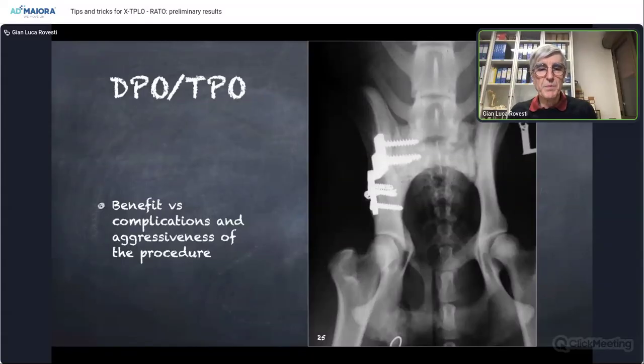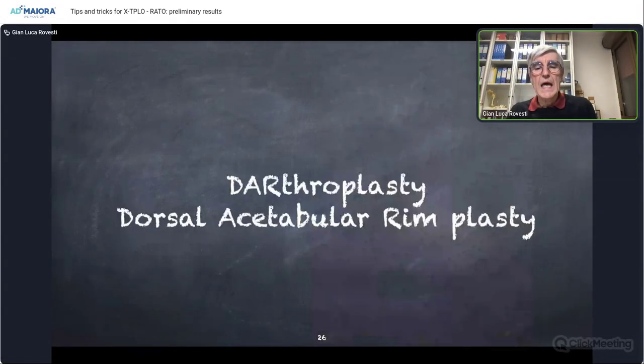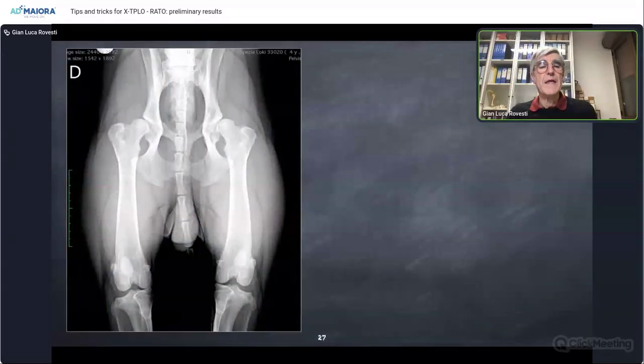Of course, it is possible, but the benefit should be balanced versus complications that can be very heavy, very severe complications, and the aggressiveness of the procedure. And the procedure, of course, is very aggressive. And arthroplasty, dorsal acetabular rim plasty, that I still perform after many years, since I was taught about it by Barclay Slocum.